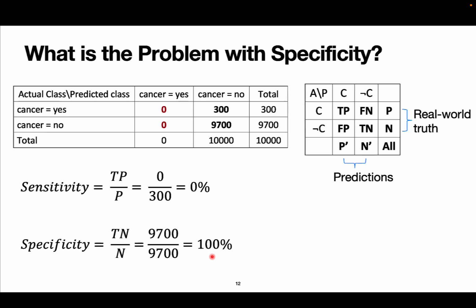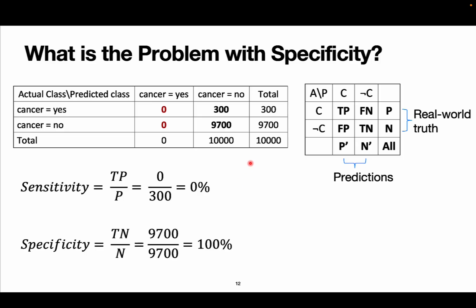Another point we want to add is that looking at sensitivity and specificity in isolation can be misleading, because we can have a great specificity but low sensitivity, and the other way around.